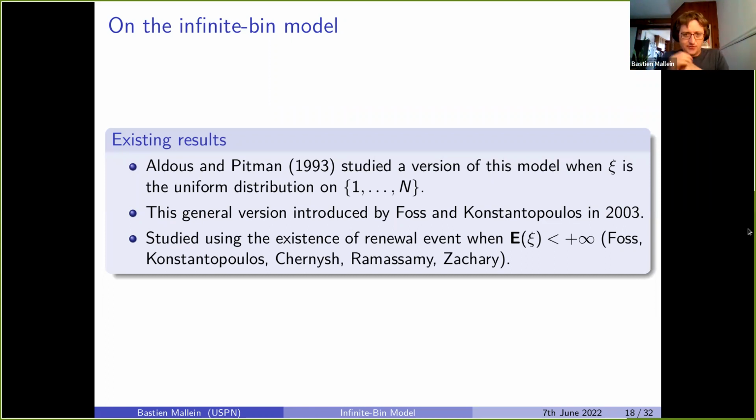Basically, those renovation events tell you that after some time, all my future balls will be placed to the right of some existing bin. I will have a ball indexed 1, and all the balls after that ball will be placed either as children of the ball indexed 1 or as children of their children. And those renovation events are quite useful when you want to prove, for example, central limit theorems and similar results.